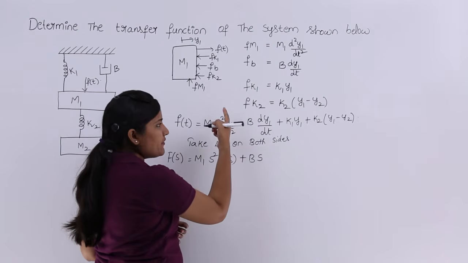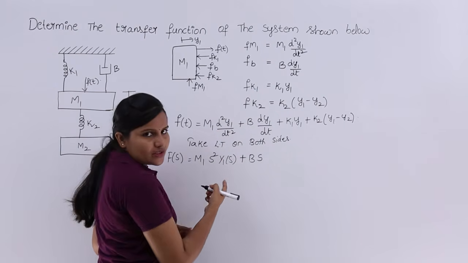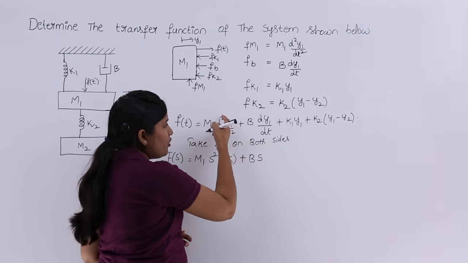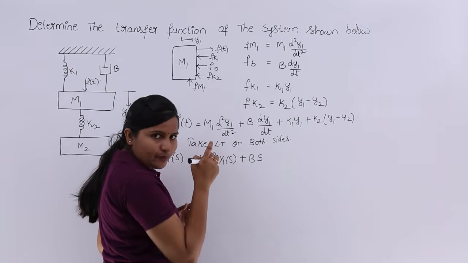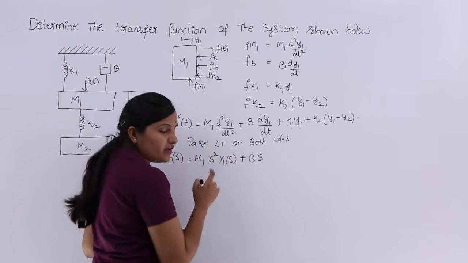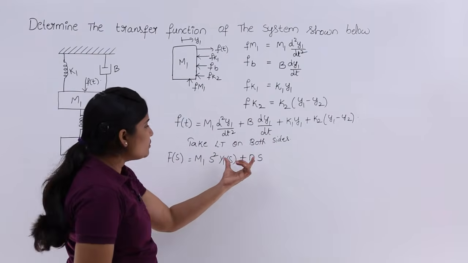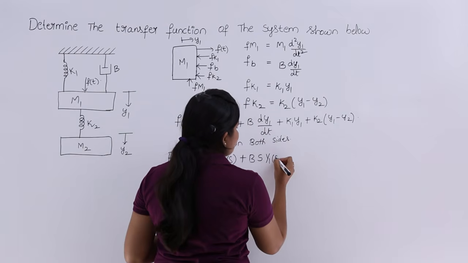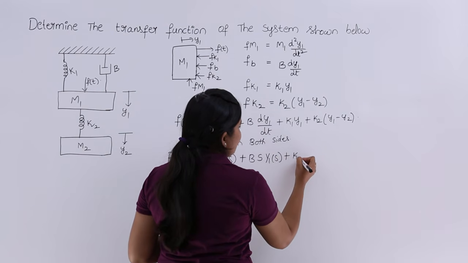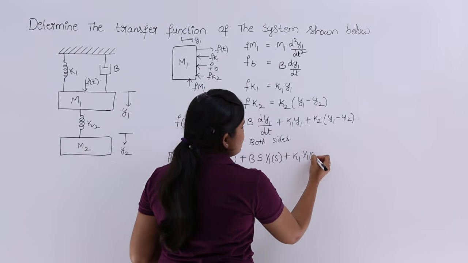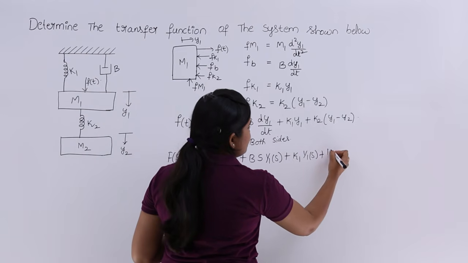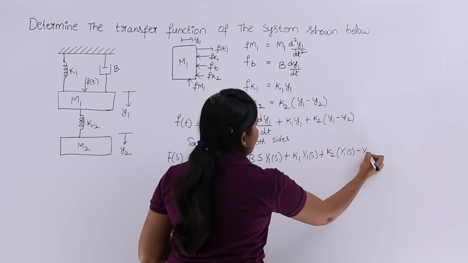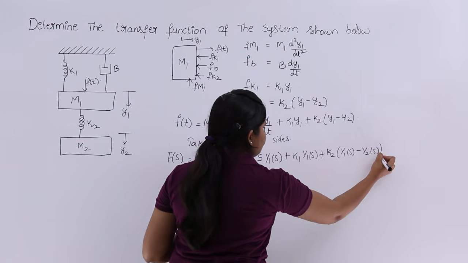For example, for the nth derivative of y1, it is s power n into y1 of s. However many powers you have there, that much power will come for s. So b s y1 of s plus k1 y1 of s plus k2 into y1 of s minus y2 of s.